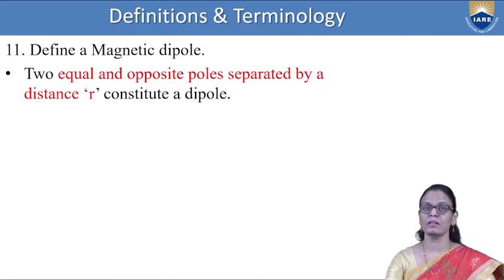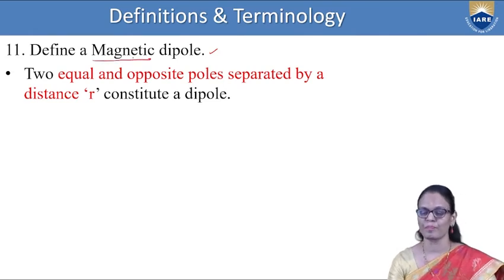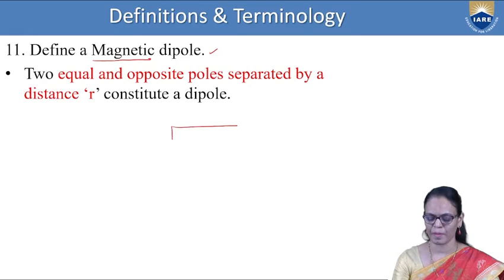Next, define a magnetic dipole. Till now what we have seen is an electric dipole. Now we are going to talk about the magnetic dipole. Two equal and opposite poles separated by a distance r constitute a dipole. Take any magnet, for convenience a bar magnet. There is a north pole and a south pole.